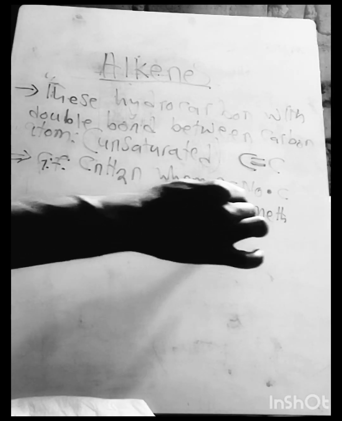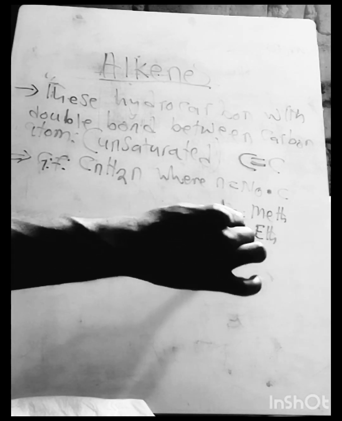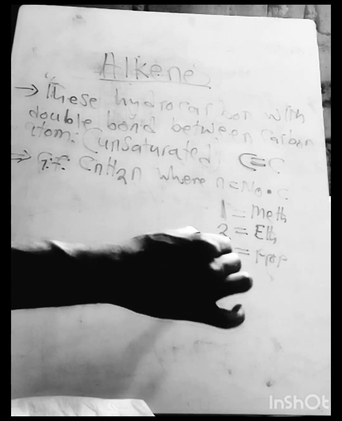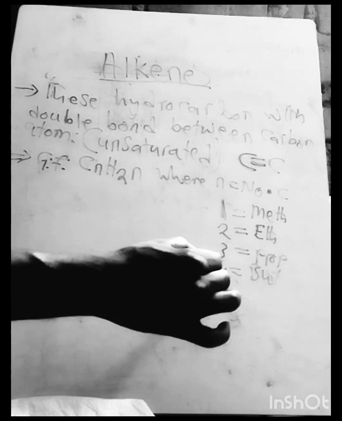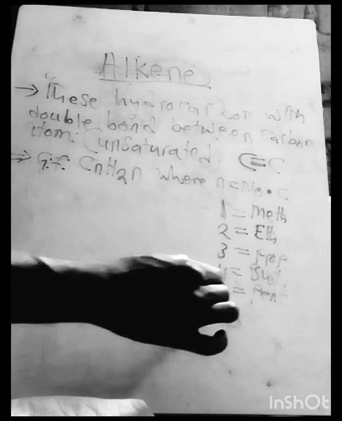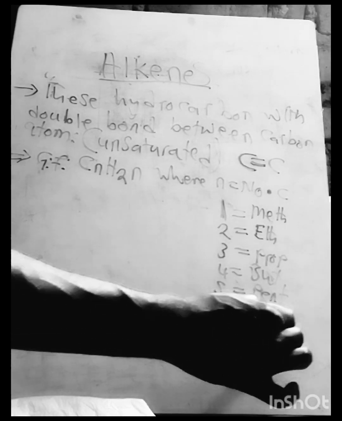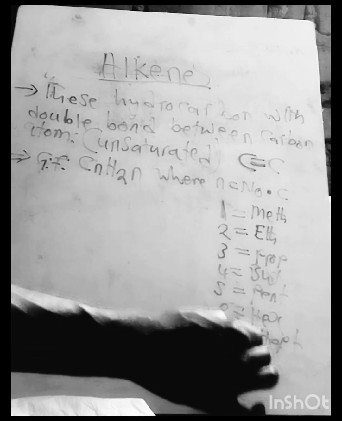We know very well the prefixes for hydrocarbons, or for all organic compounds. 1 carbon atom is meth, 2 is eth, 3 is prop, 4 is but, 5 is pent, 6 hex, 7 hept, and 8 oct.